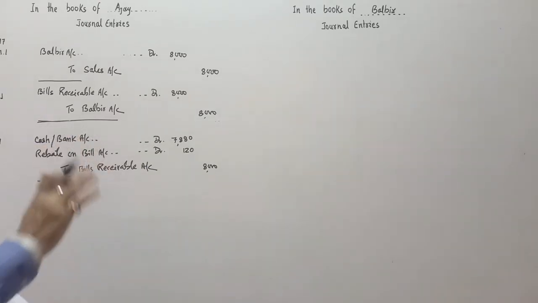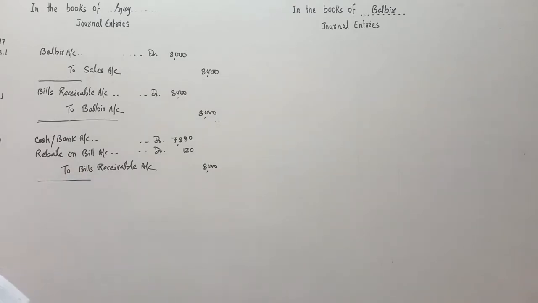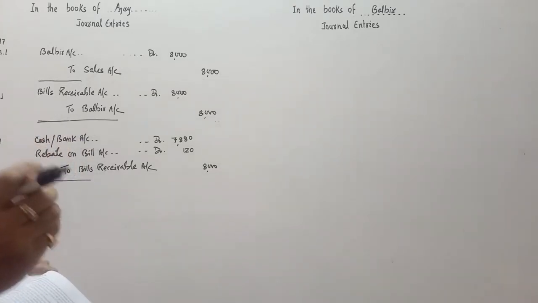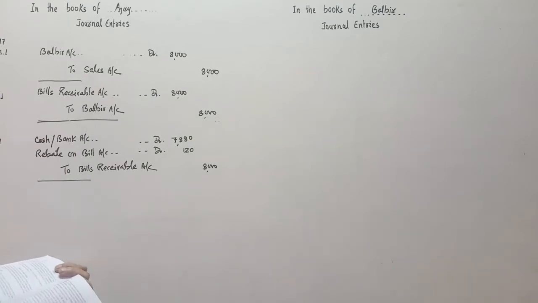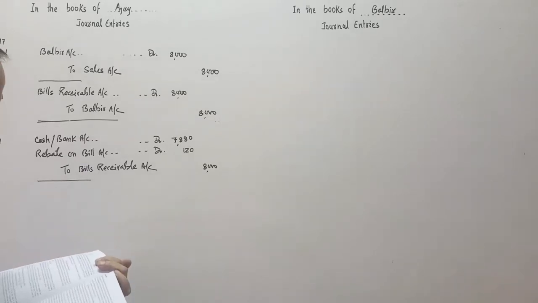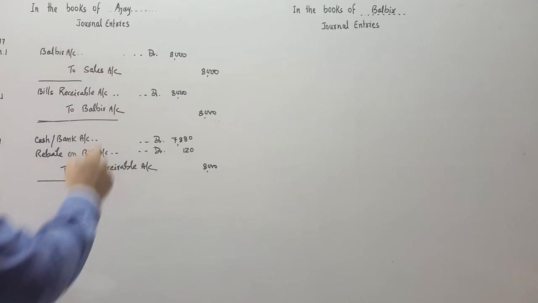To bills receivable, which goes out. The narration will be: being amount of the bill received 1 month before the due date and allowed the rebate at the rate of 18% for 1 month. Is it clear? This entry will be done in the books of Ajay, who is the drawer.